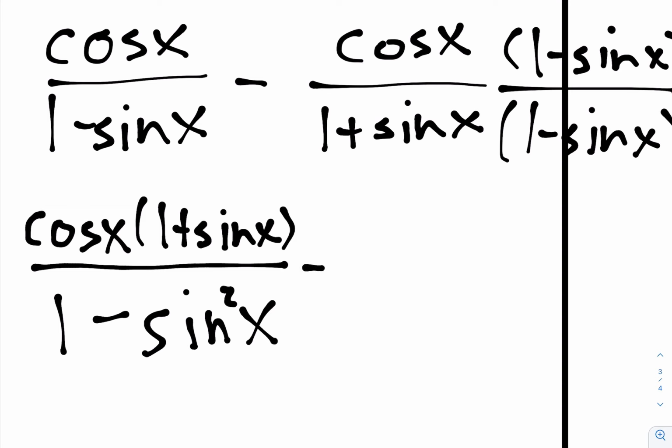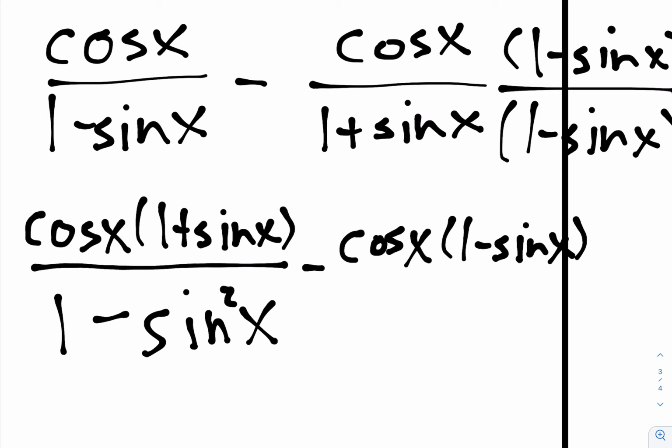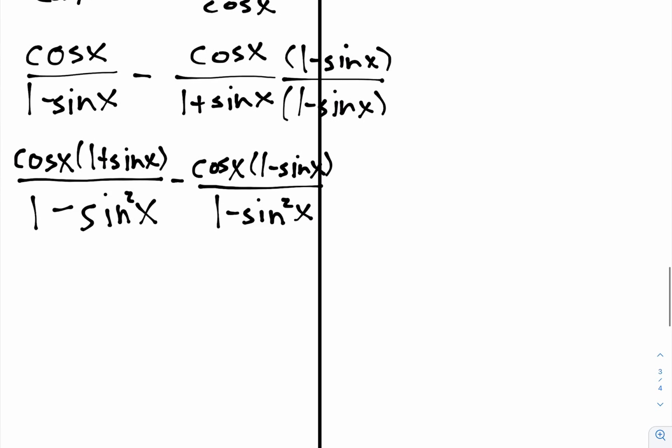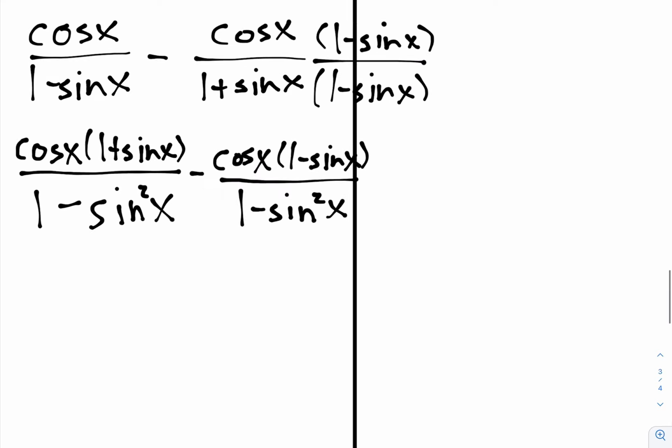Okay. And we're going to be subtracting cos x times, remember the conjugate of the right side was 1 minus sine x, divided by the same denominator, 1 minus sine squared x. Okay, so I'm kind of creeping onto the right side here, but that's okay.